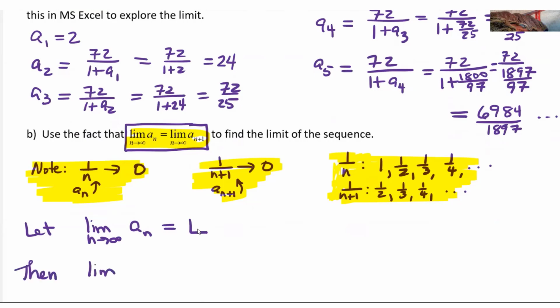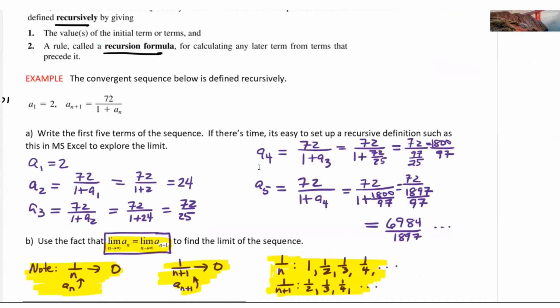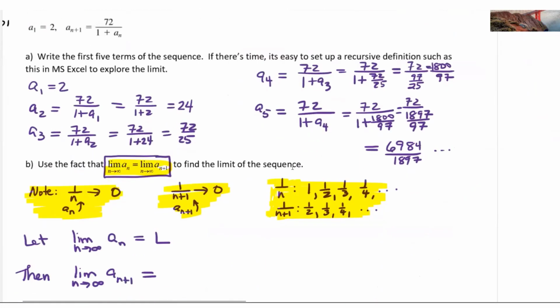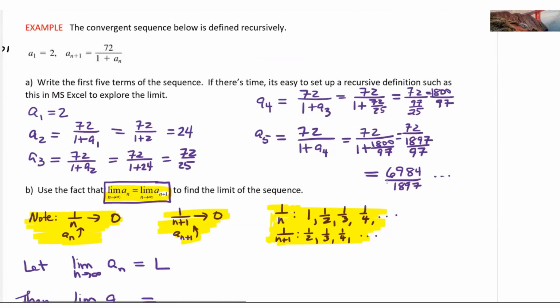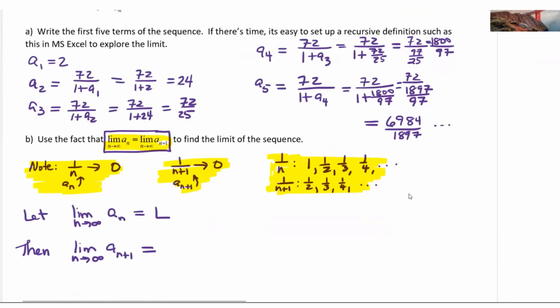Then the limit as n goes to infinity of the a sub n plus 1s, remember this was defined recursively. So let's look at the formula. The formula was 72 over 1 plus a sub n. So that's going to be the limit as n goes to infinity of 72 over 1 plus the a sub n's. Now by our limit properties, we can take the limit of each piece of this, right?